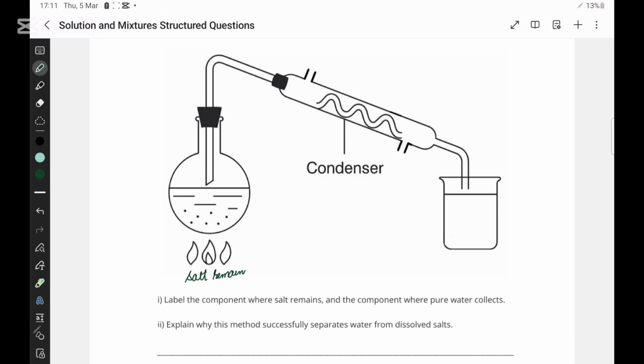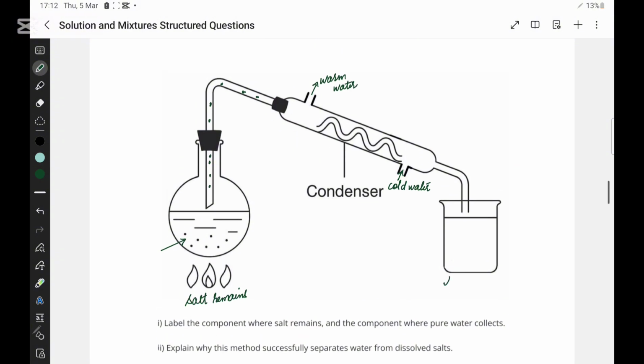Because this is a salt solution, and when it is heated, water vapors tend to move upward, where they are going to pass through the condenser. And in the condenser, cold water enters from this part and warm water leaves from this part. Then pure water collects here.